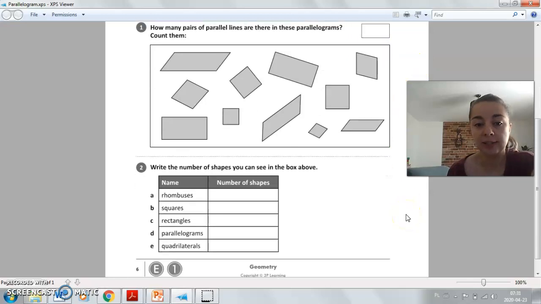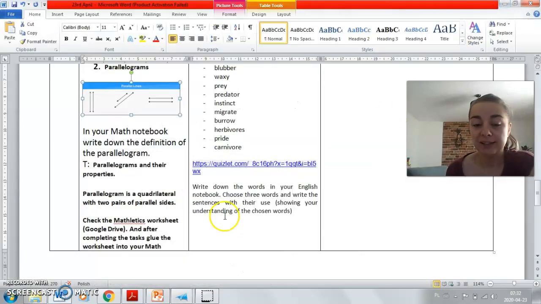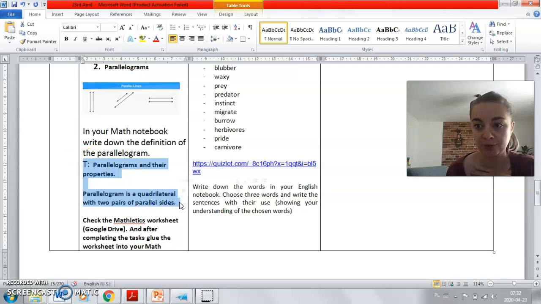And then another task, write the number of shapes you can see in the box above. So as you can see, it's nothing complicated, I hope. And that's it. I said that you write the definition if you can't print out the worksheet. However, I would like to correct myself, and all of you are writing the topic and the definition in your math notebooks. Okay, please. Thanks.